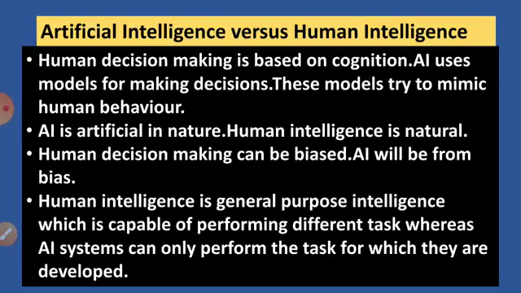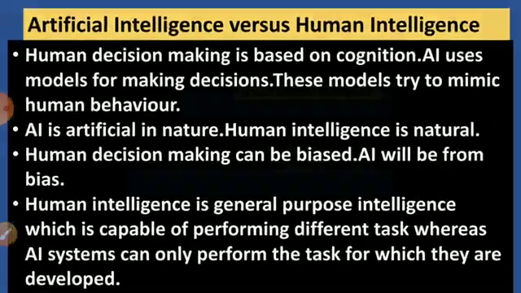So many examples are there where the machine can only perform the task for which it is developed, whereas a human is not like that. Human intelligence is general purpose intelligence, which is capable of performing different tasks. I hope this was clear, children: what is artificial intelligence and what is the difference from human intelligence?